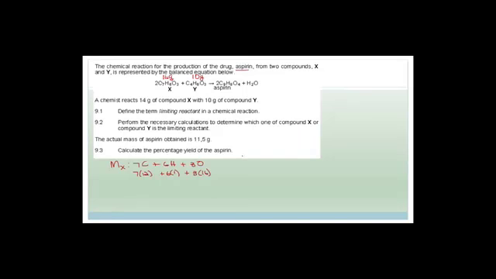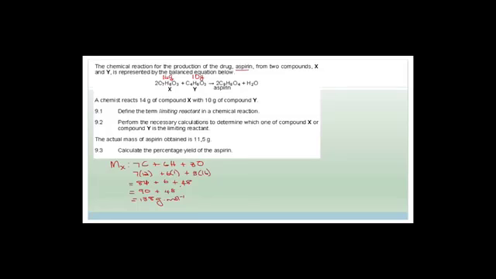Okay, so 7 times 12 is 84, plus 6, plus 3 times 16 is 48, which is going to be 90 plus 48, which is 138 grams per mole.